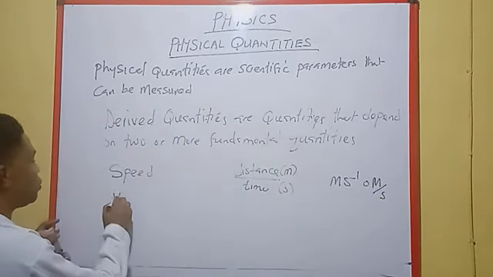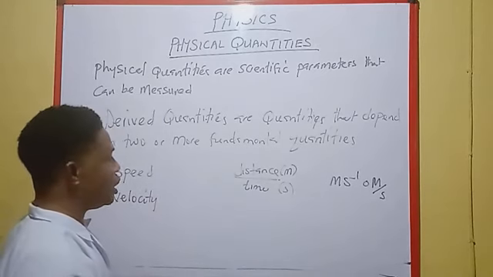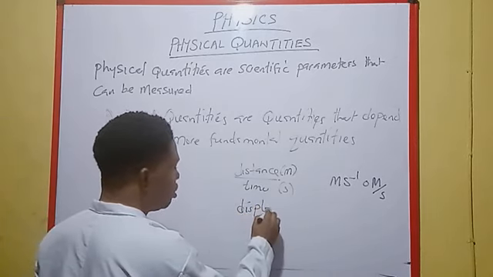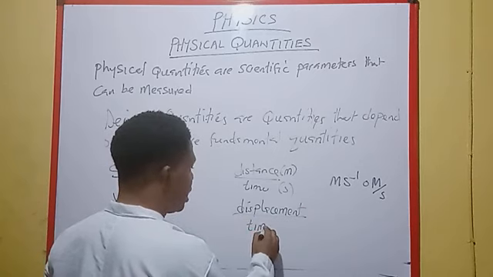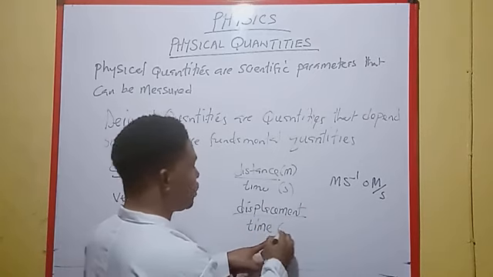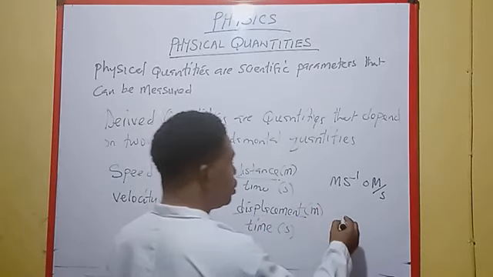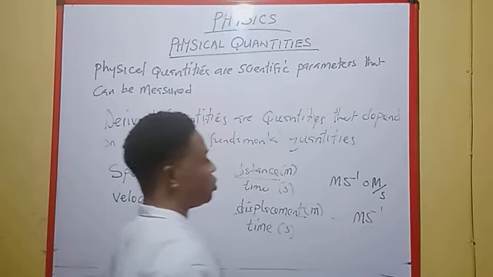Also, velocity is an example of a derived quantity, which is displacement over time. That is the formula for velocity. The unit for time is seconds, the unit for displacement is meter, and the SI unit will still be meter per second.